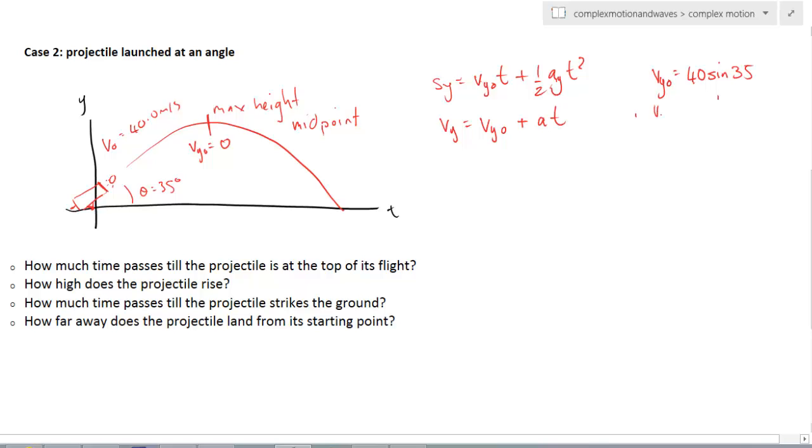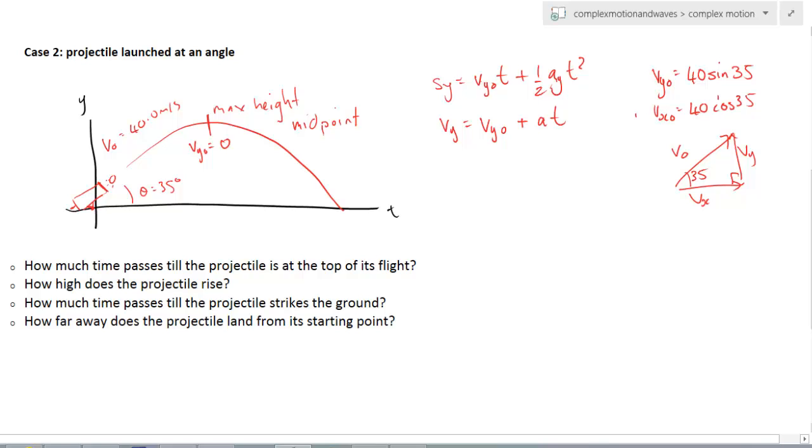And in the x direction, it's going to be 40 cos 35. Remember, this follows from your velocity component here. That's your velocity v0, and this is your angle 35, which means that your Vy is over here, which is the sine, and your Vx is over here, which is your cos.